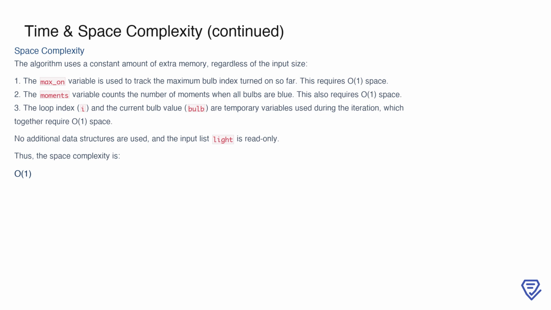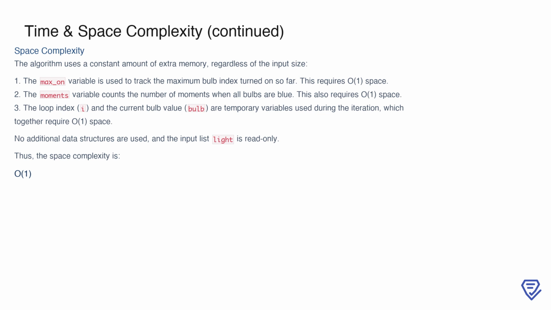The space complexity of this solution is minimal because it only uses a small, fixed amount of extra memory. Specifically, we use the variable max_on to track the maximum bulb index turned on so far, which requires O(1) space. Similarly, the moments variable, used to count the number of moments when all bulbs are blue, also requires O(1) space.